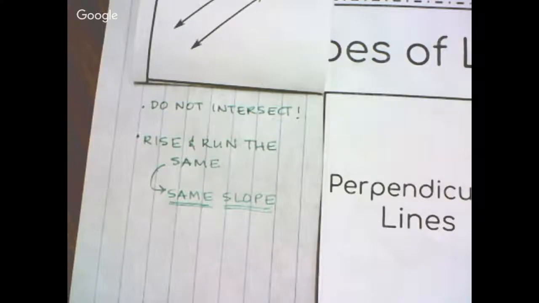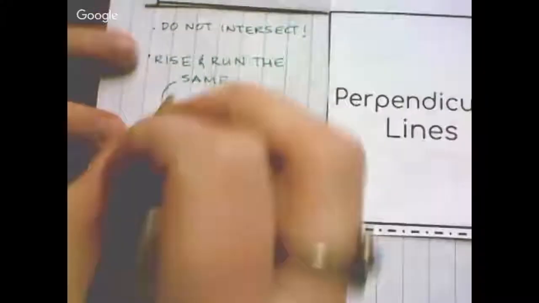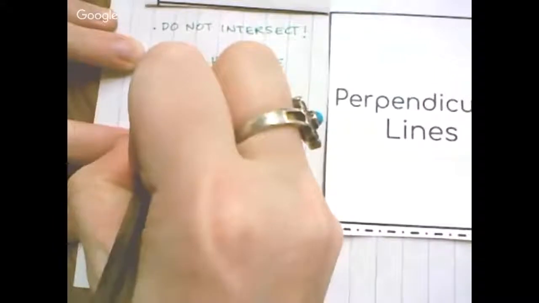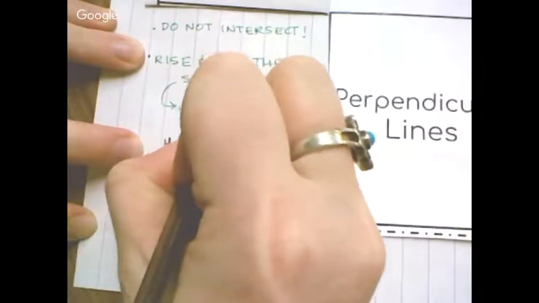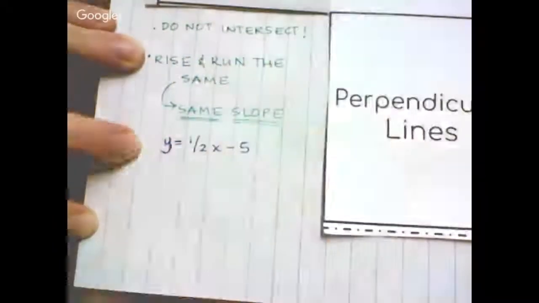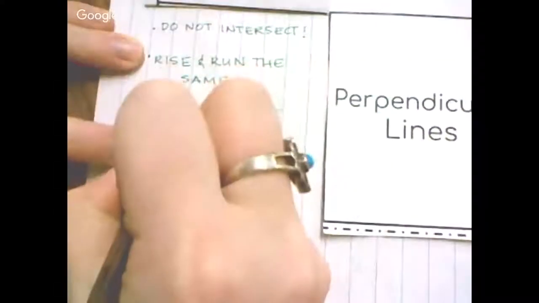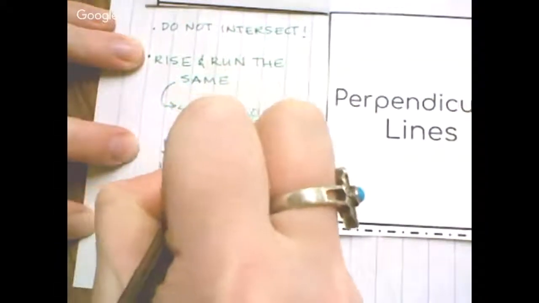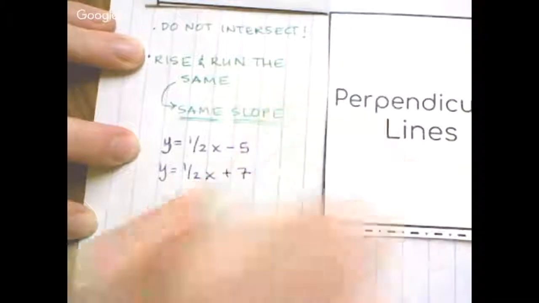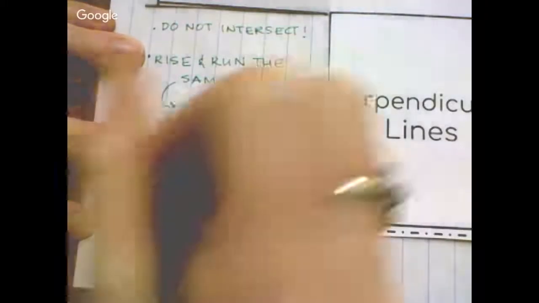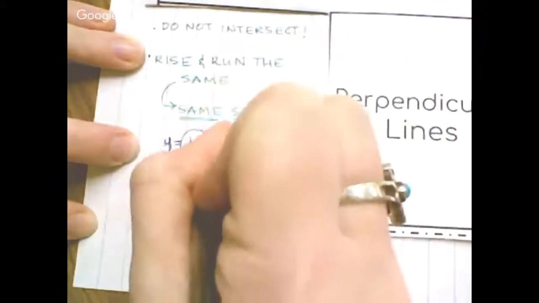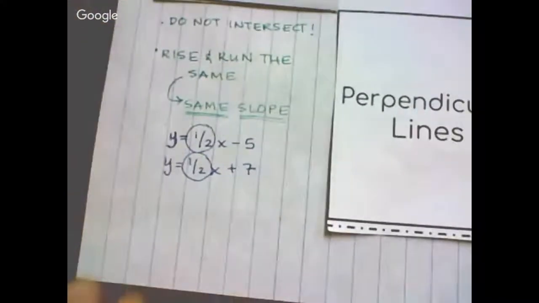So what this may look like is if I have y equals 1/2 x minus 5 and y equals 1/2 x plus 7. Two different lines, but because they have the same slope, they are parallel.